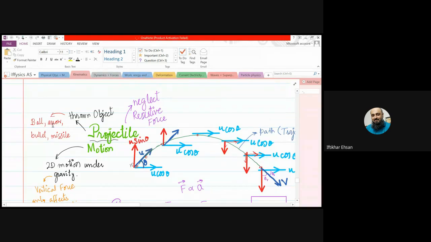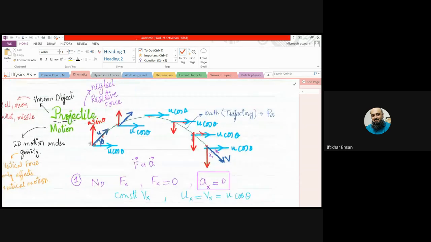An arrow is thrown with the help of archery, a bow. A bullet is also thrown. You hit someone's body with a bullet like a stone, but a bullet is far faster. Missile. So they are all examples of projectiles, right? So what is projectile motion?